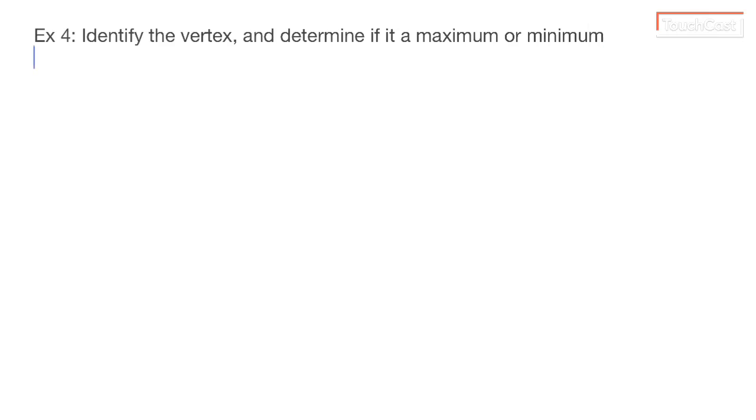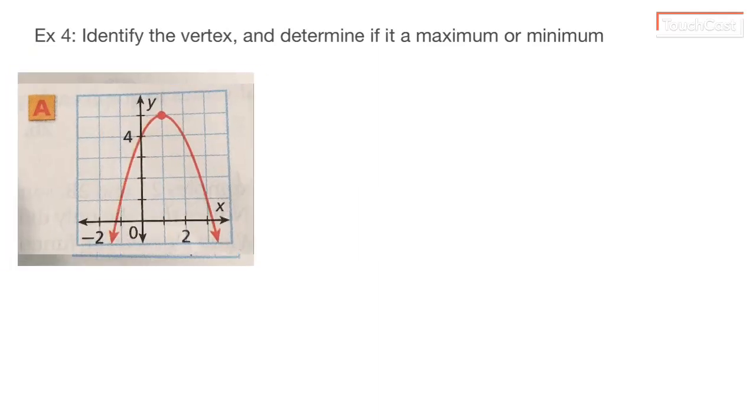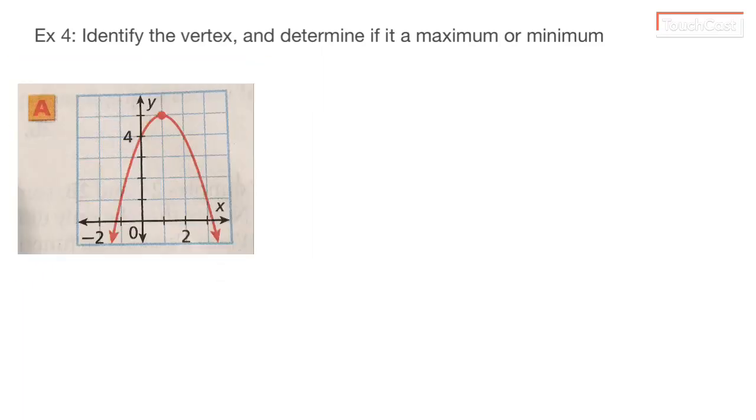So we've got two parts. Part A, we have this picture here. To help us decide if it is a minimum or maximum, we just look. It's opening downward, so here we have a maximum.